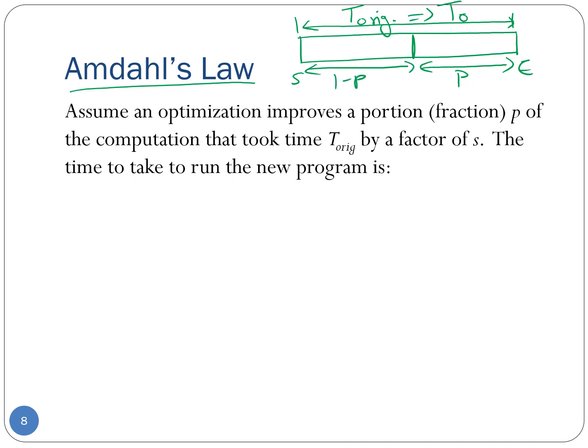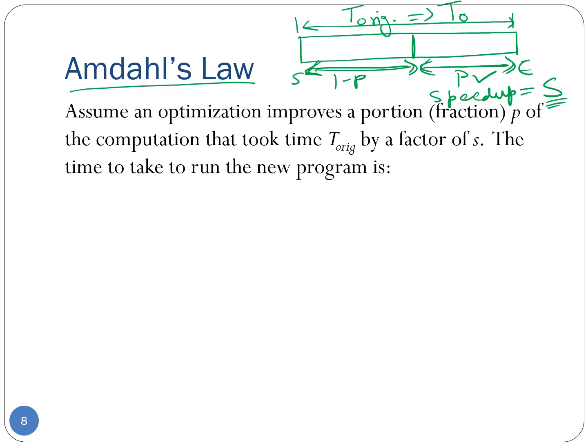So the engineers were able to speed up the execution of this fraction p by a factor of s. So this portion p now executes s times faster than it was in the original program. And this portion 1 minus p still executes with the original speed. There is no optimization in that part of the program.